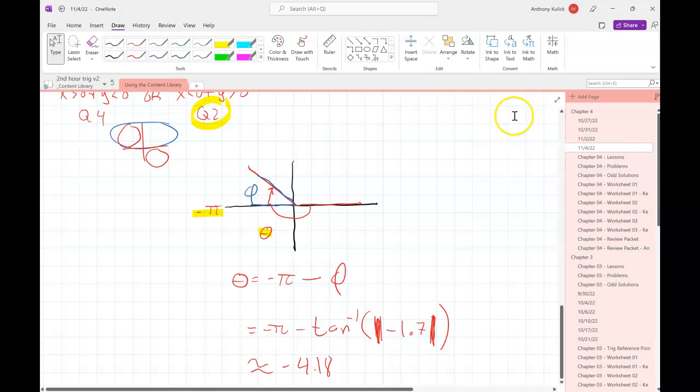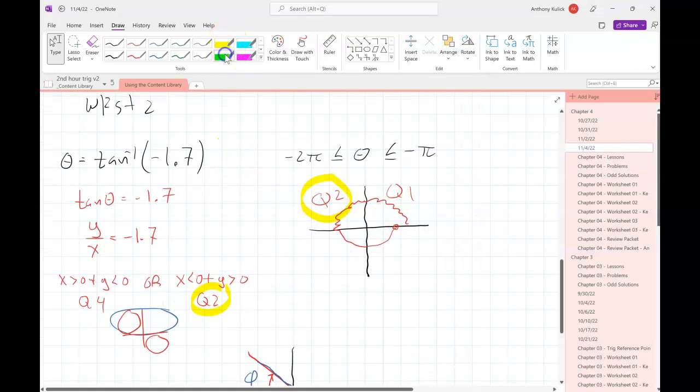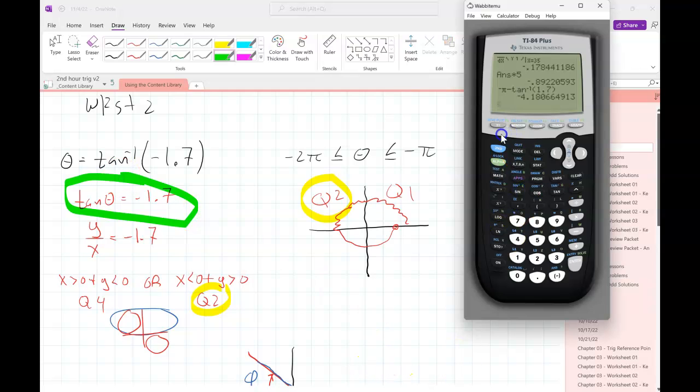I can check this, though. How do I check this? I want to make sure that tan of that answer gives me negative 1.7. That looks good. And then I need to check to make sure it's bigger than negative pi over 2. Or I'm sorry, negative 2 pi.